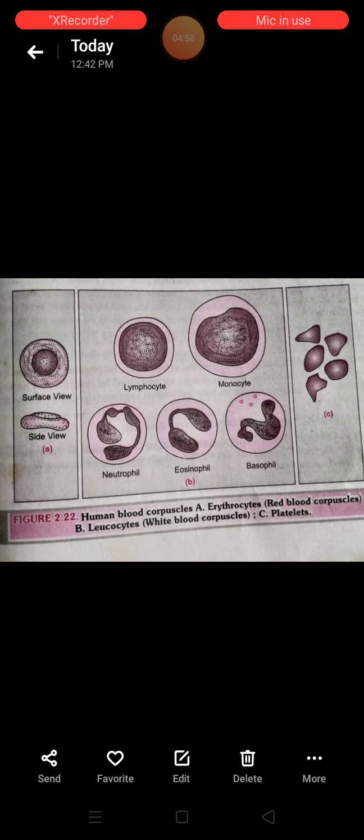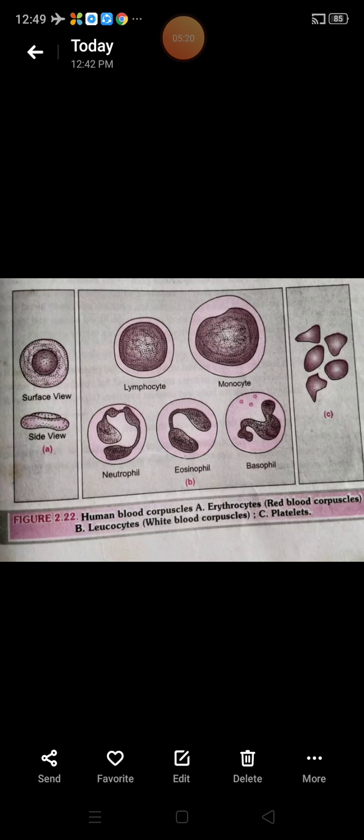Second, RBC help in the transport of oxygen. Next, WBC act as the soldiers, scavengers and builders of the body. And the last one, platelets, are related with blood clotting.